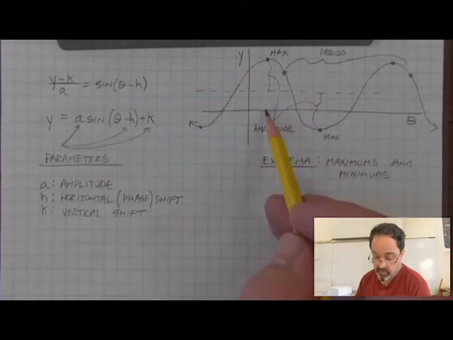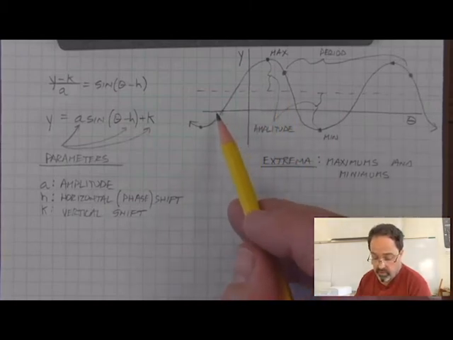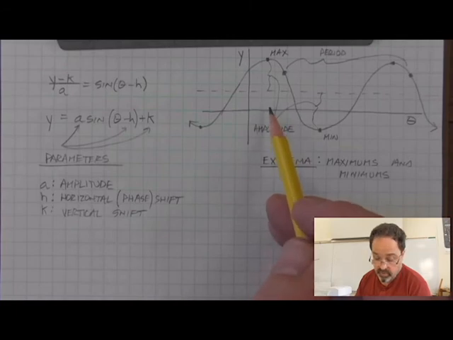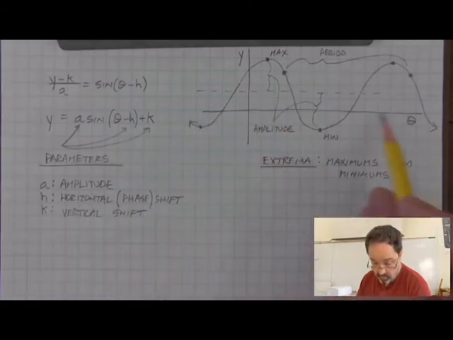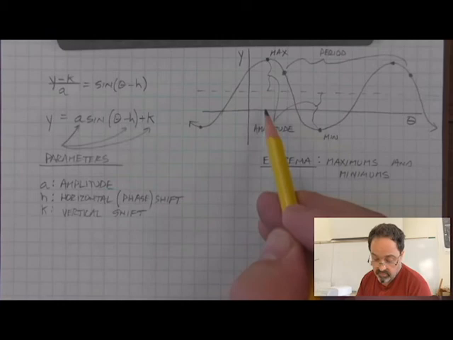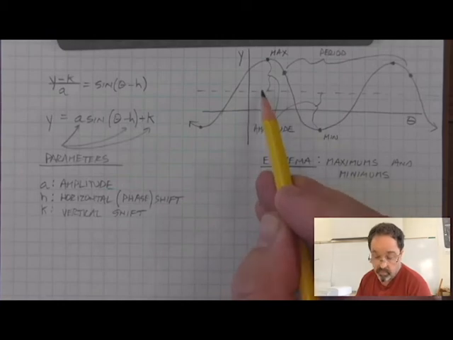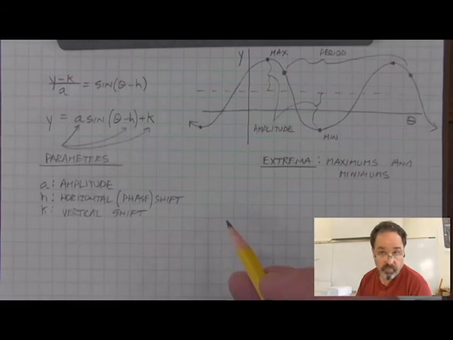In this case, if the midline were up 2, then the vertical shift would be 2. Sine and cosine, the parent functions, have a midline of 0. The horizontal axis is the midline of parent sine and cosine. So if we see that the midline has gone up by 2, then we know that the vertical shift was up 2.